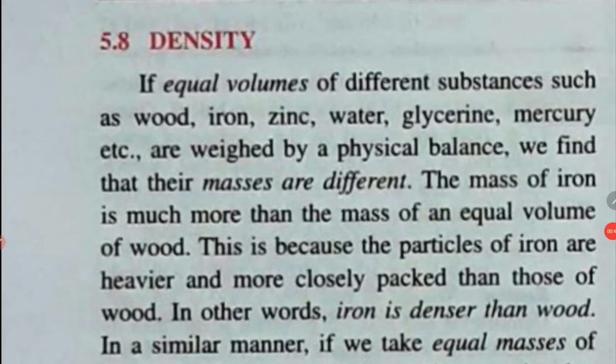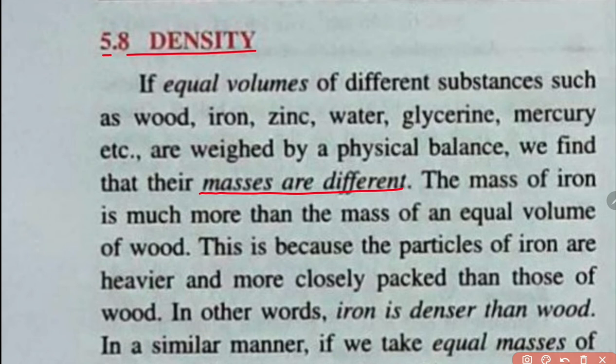So coming to the first part, which is density. Now if equal volumes of different substances such as wood, iron, zinc, water, glycerin, mercury, etc. are weighed by a physical balance, we find that their masses are different. Obviously their masses should be different, right?